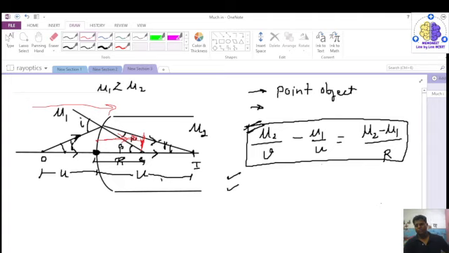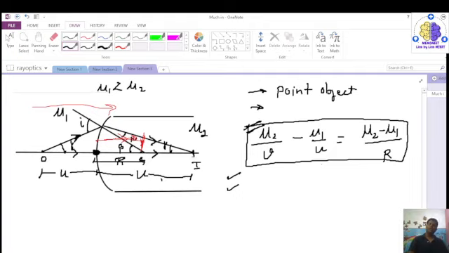So the first thing is that this formula written over here, mu2 upon v minus mu1 upon u is equal to mu2 minus mu1 upon R, is valid for both convex and concave surface. Second thing is that mu1 is always the refractive index of the medium containing the incident angle, and mu2 is always the refractive index of the medium containing the refracted angle, right?